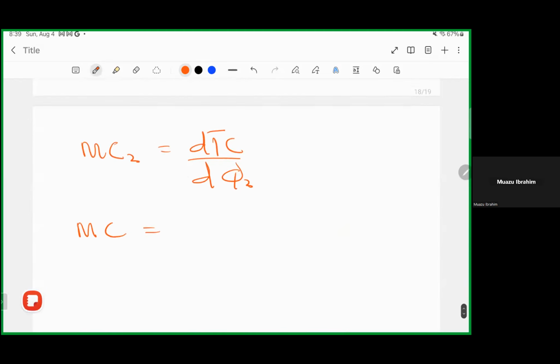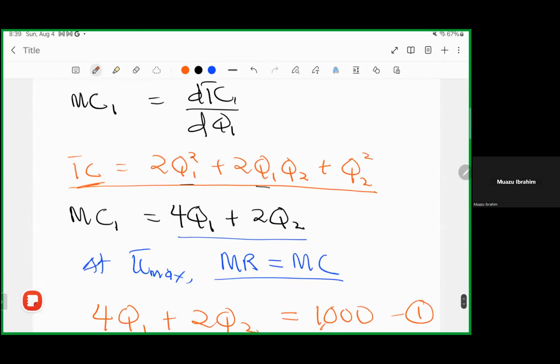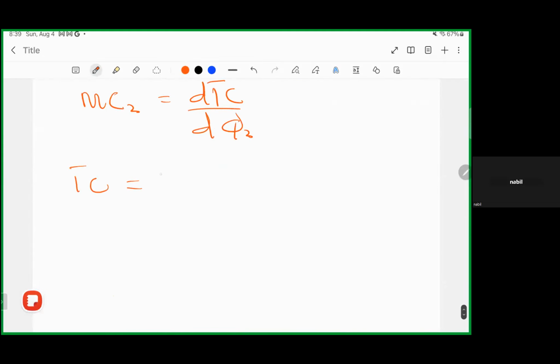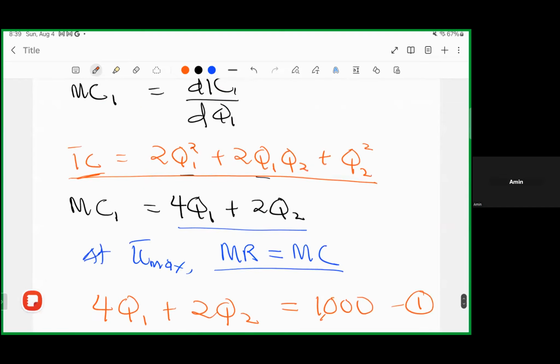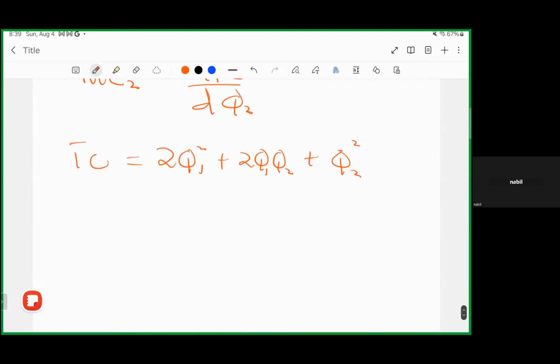So let me just write the total cost function so that we can see. What is the total cost function? 2Q1 squared plus 2Q1Q2 plus Q2 squared. Okay, that is it, right? Yes. Good.